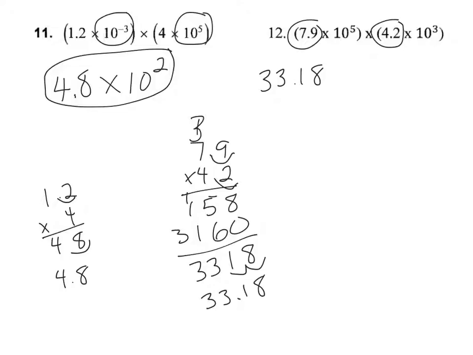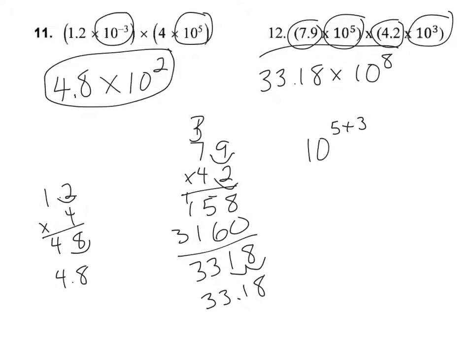33.18. Now I'm looking at my powers of 10. So 10 to the 5th times 10 to the 3rd would be 10 to the 5 plus 3, which would be 10 to the 8th. So I have 33.18 times 10 to the 8th. Now my question is, is this in scientific notation? And the correct answer is no, it's not.